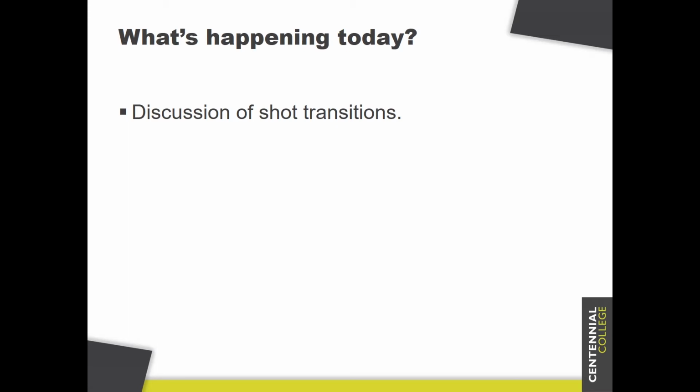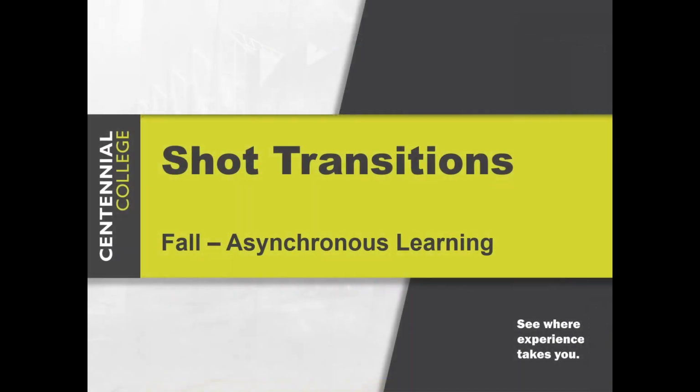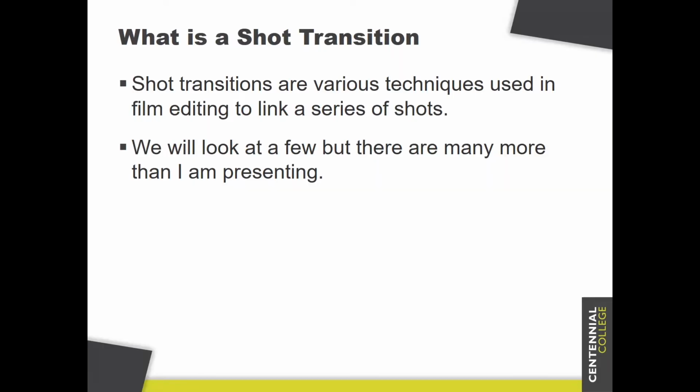All right, everyone, let's get started. So, shot transitions. What exactly is a shot transition? Shot transitions are various techniques used in film editing to link a series of shots.